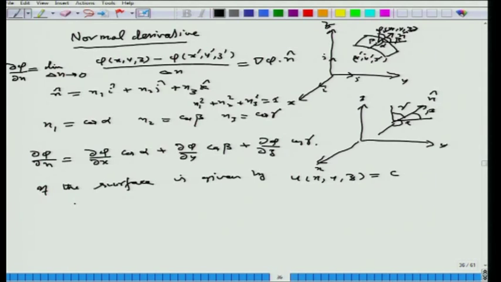So, then we know that the normal will be gradient of u over the absolute value of the gradient of u. In this case n cap comes out to be gradient of u over |gradient of u|, and then we get the directional derivative. So, del phi over del n is gradient of phi dot n cap.